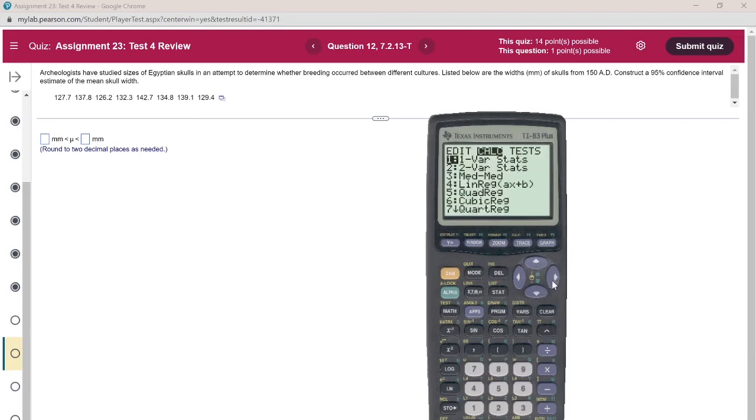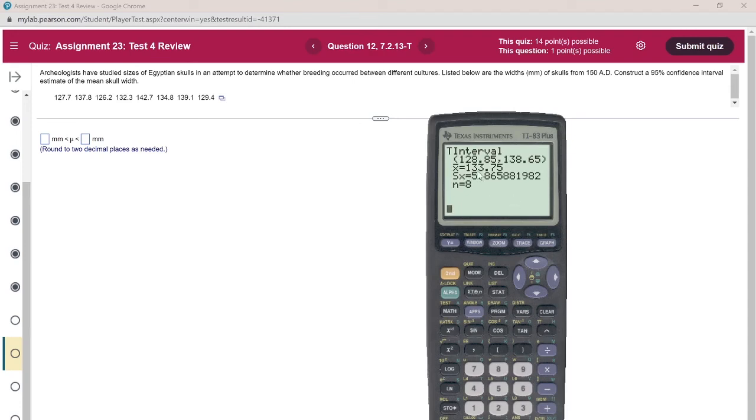Now let's go to Stat, Test, and go to number 8. We use the data from List 1, frequency 1, and then the confidence level is 0.95, and just hit Calculate, and it's going to calculate the confidence interval for this data.